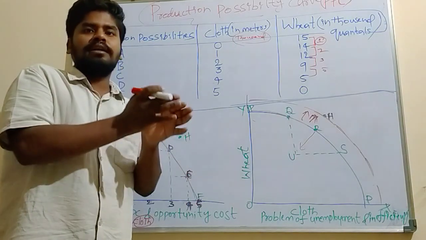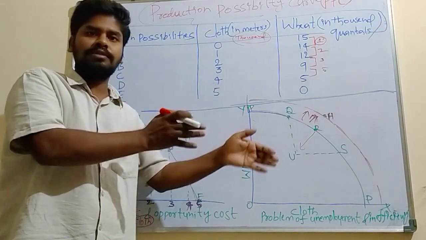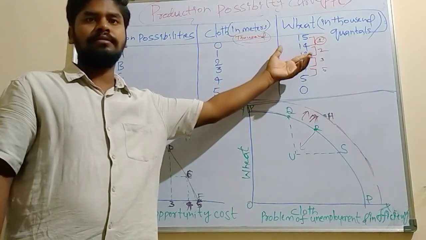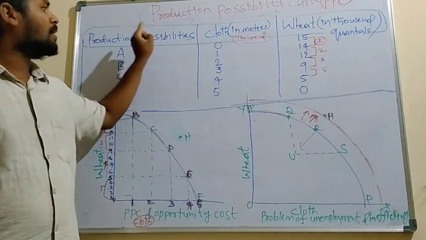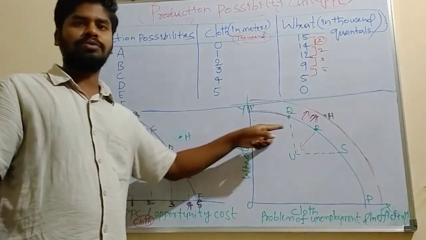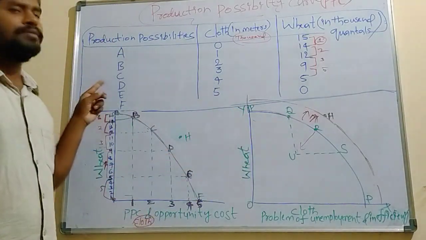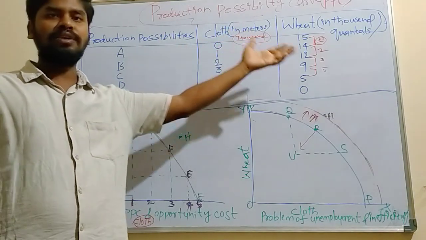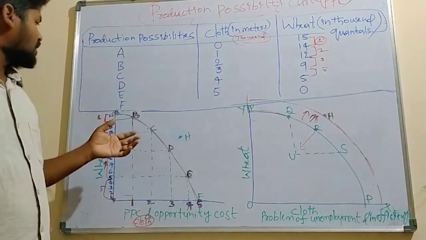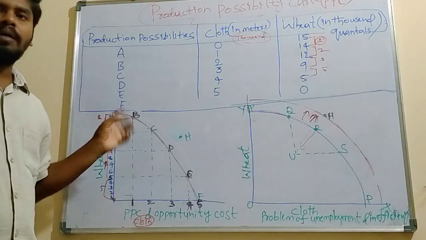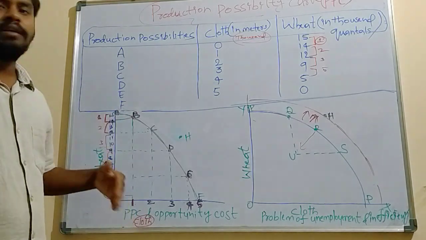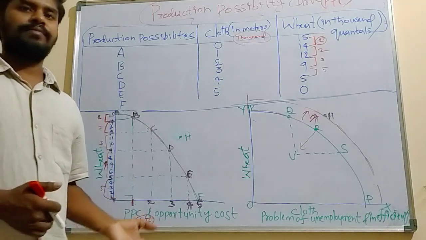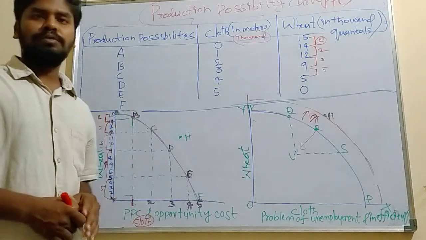The various combinations of two goods, capital and consumer goods, or else cloth and wheat. By using opportunity cost, it shows what production level can be achieved in a particular country. That is the production possibility curve.